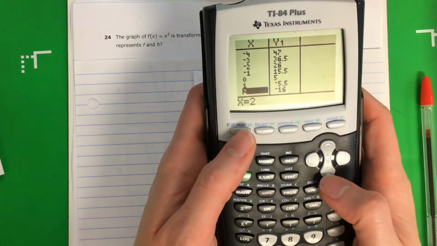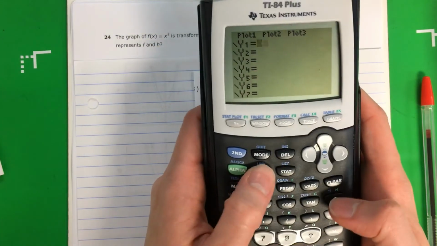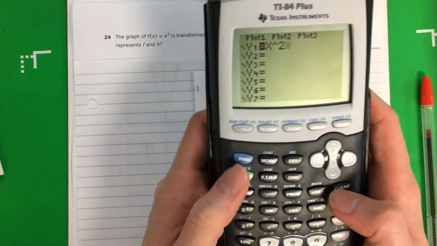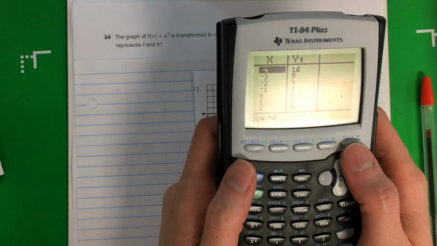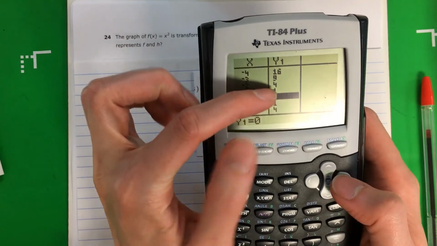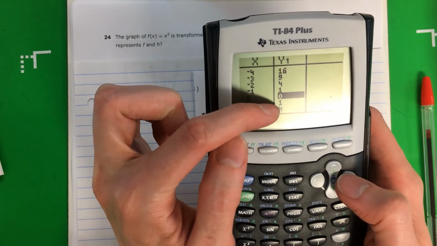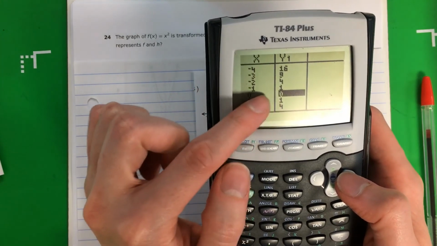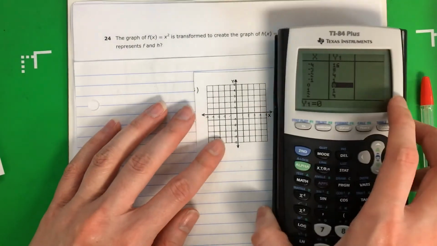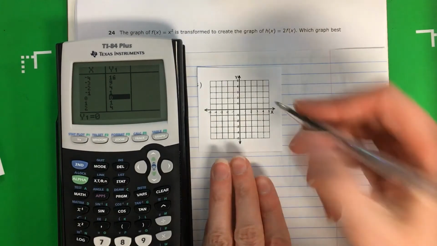So what I'm going to do is push y equals, clear it, and I'm going to put x squared in the calculator. And I'm going to go to the table, and I'm going to pick 2 points, but I need to find the vertex first. And looks like the vertex is at 0 because, as you can see, there's 1 before and 1 after. So I'm going to put 0, 0.